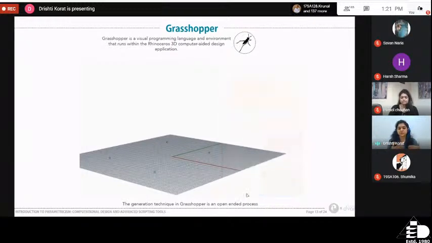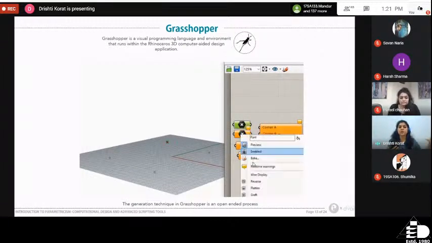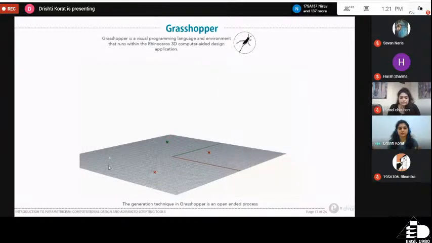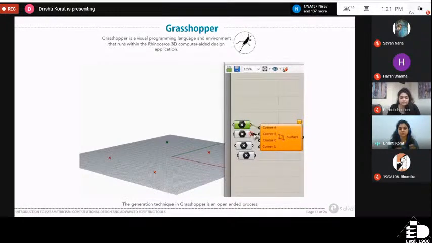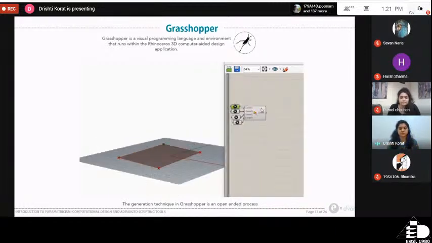To make a surface, I will need 4 inputs, which are different points. So here I'm assigning points from Rhino and relating them to Grasshopper. Once I have the points and connect them to my component, it automatically generates a surface for me.